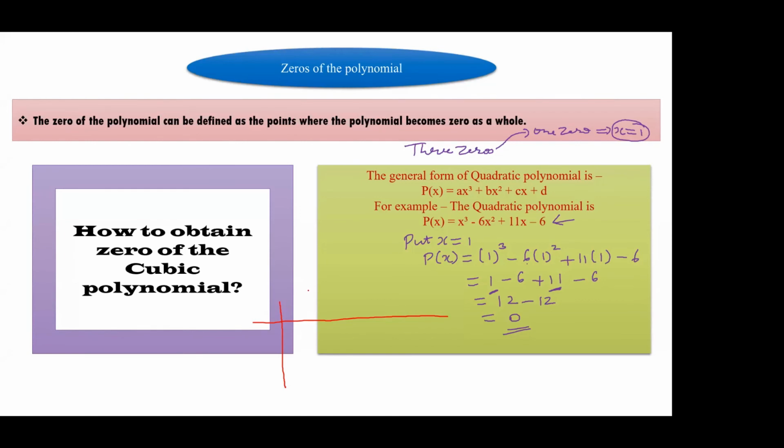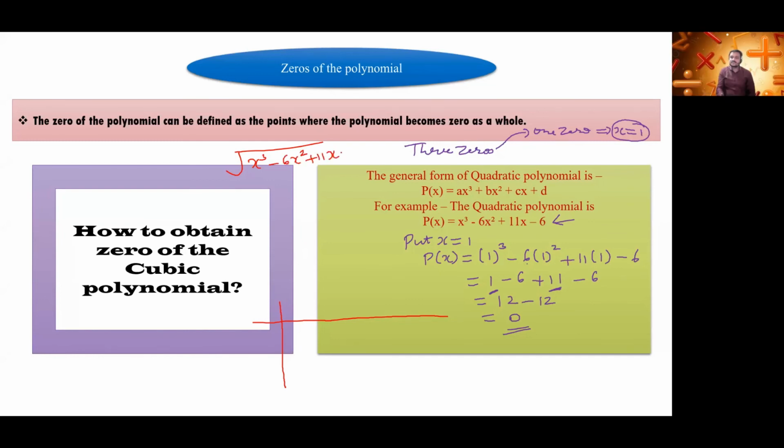Yes, sir. So first we'll divide x cube minus 6x squared plus 11x minus 6 by x minus 1. Like this division you are telling, right?